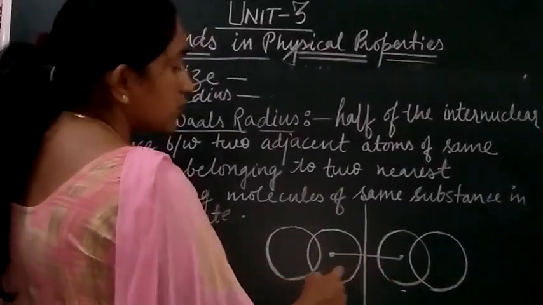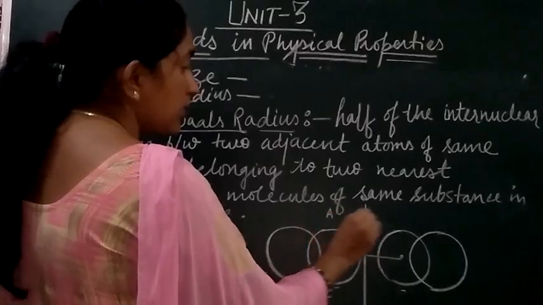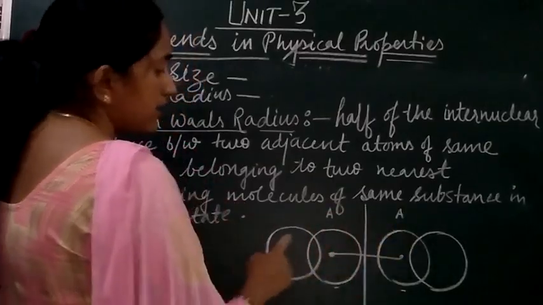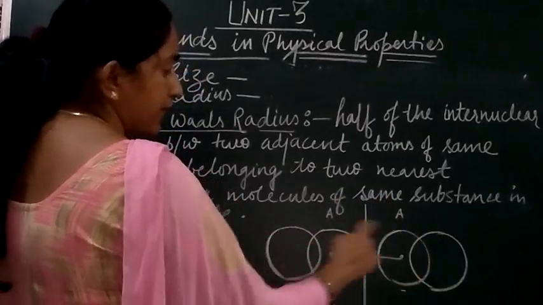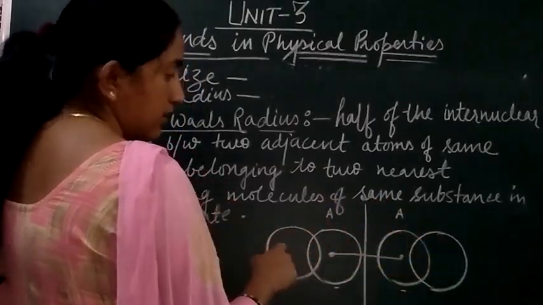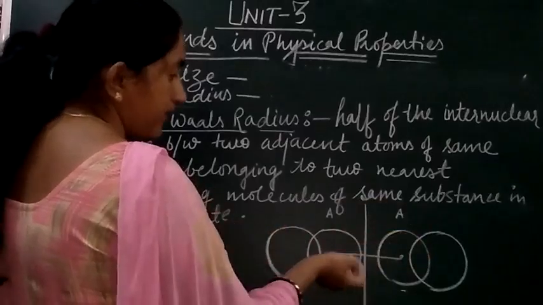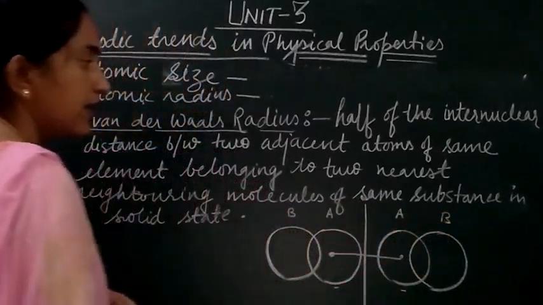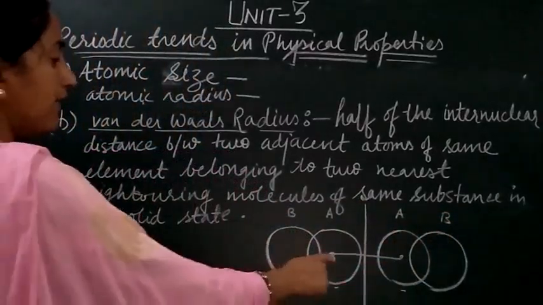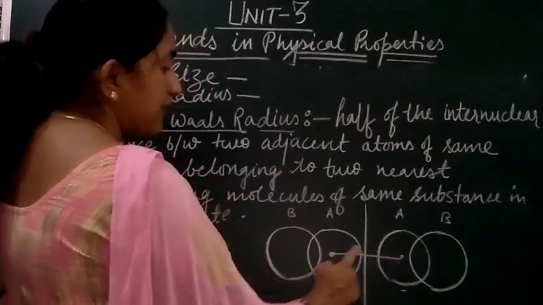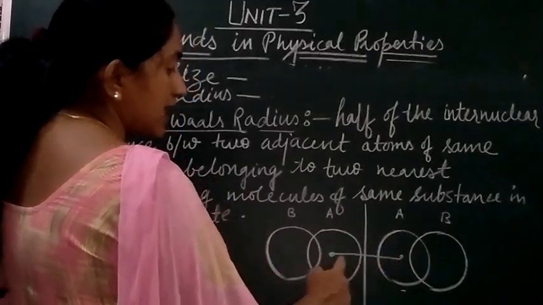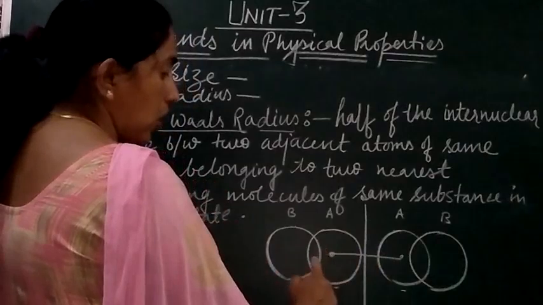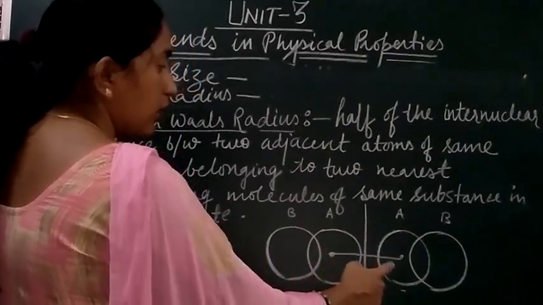Now this element should be the same. If it is A, this should also be A. This can be either the same or different, right? It can be B or B, or A again. Let it be in this way, right? In that case, this is the half of the internuclear distance between the two adjacent atoms of the neighboring molecule.